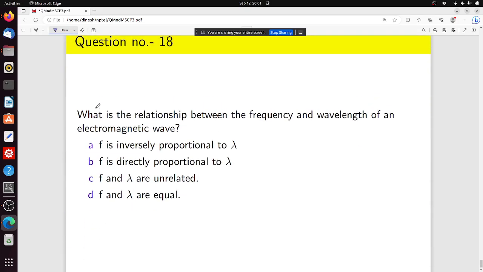Okay, this is the last question. What is the relation between frequency and wavelength of an electromagnetic wave? Inversely proportional. Yeah. What is the relation between f and lambda? Can you tell? 2 pi by lambda.